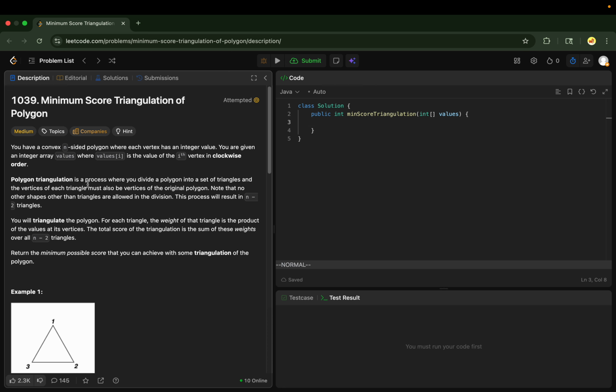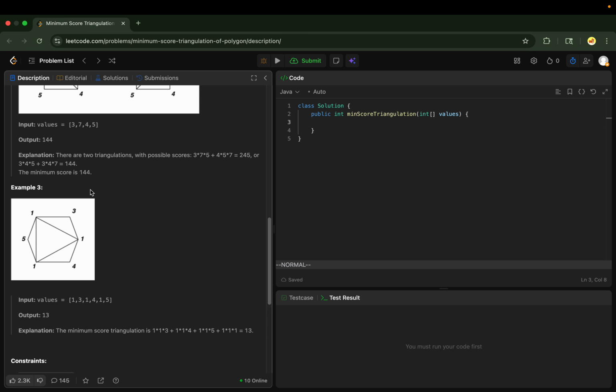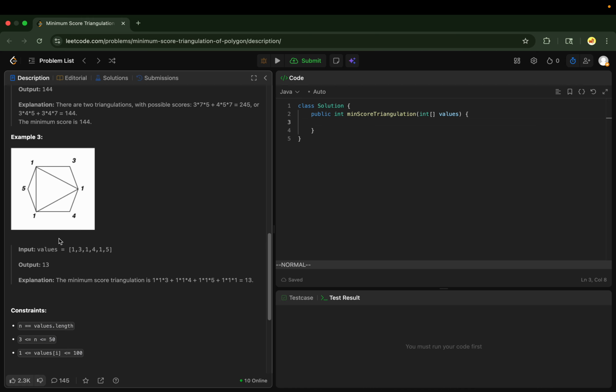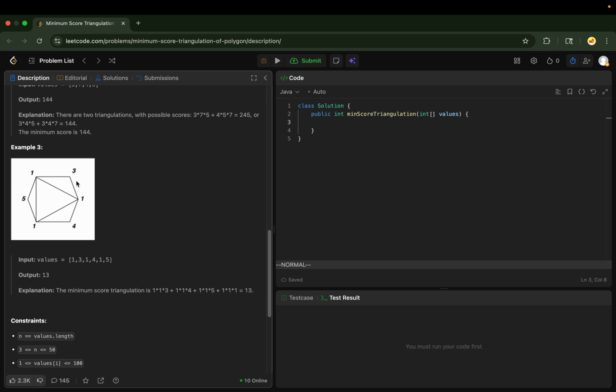So this problem's main idea is, it's kind of like a graph, and we have to separate it based on these points into triangles, calculate the triangles based on these values, and return the minimal way.